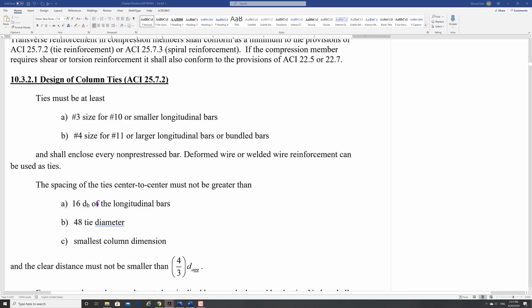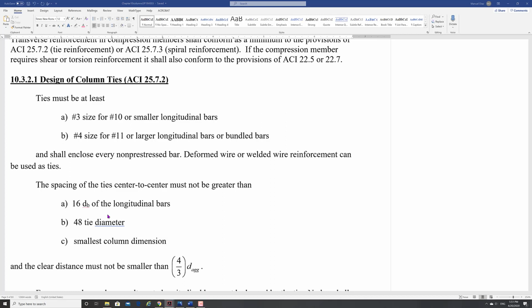The spacing of the ties center to center must be not greater than 16 times the diameter of the longitudinal bars, 48 times the diameter of the ties, or the smallest column dimension. This gives you a maximum spacing, but remember, this spacing is to control the lateral movement of your bars.